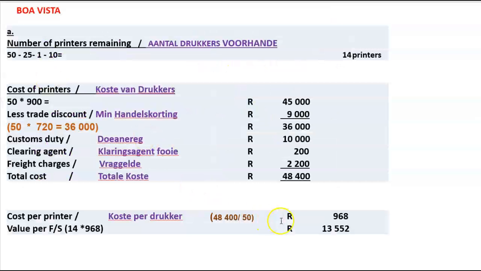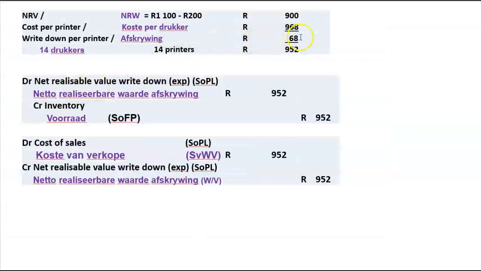What is the cost price per printer? 968 Rand per printer. So therefore it's clear that we have to do a write down of 68 Rand per printer. How many printers do we have on hand at year end? 14 printers. So 14 times 68 gives us a net realizable value adjustment of 952 Rand.